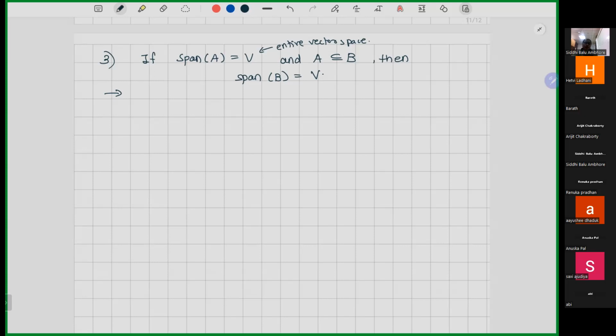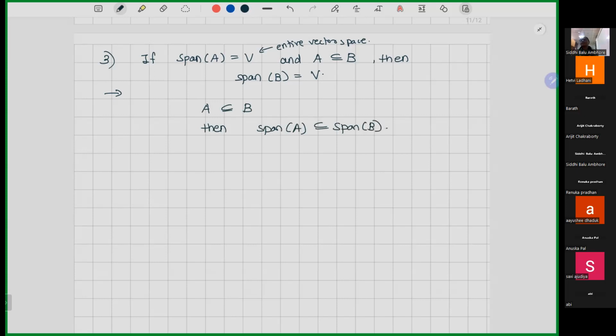Okay, we were choosing examples such that that would happen, but that is not the case always. Yeah, when we were discussing the first question of these true and false statements, what Arijit said was, if A is contained in B, then span of A is contained in span of B.